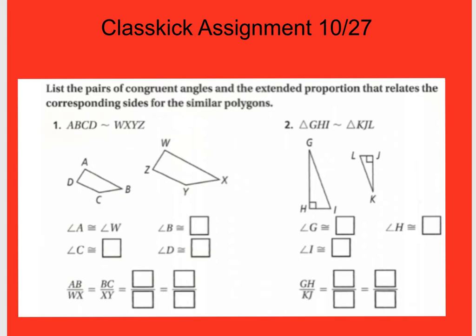That's a lot, but if you look at the similarity statement, you could answer all of these questions even without these shapes. Because A is the first letter, A corresponds with W, B corresponds with X, C corresponds with Y, and D corresponds with Z.